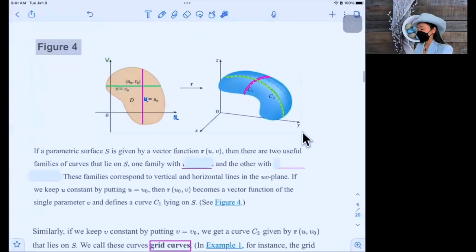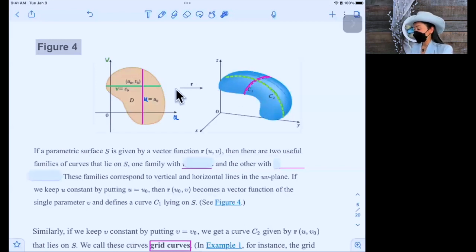Now, let's take a look at this picture. This is the region D in the uv plane. And this region under this vector function is going to map to this surface, the blue surface over here.